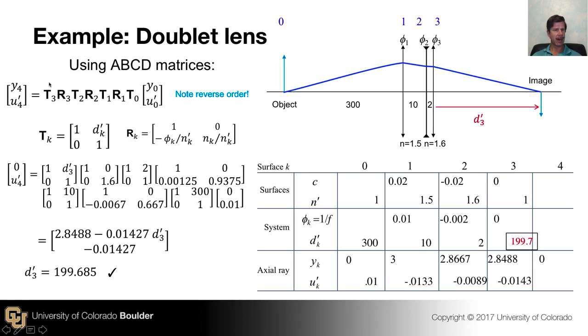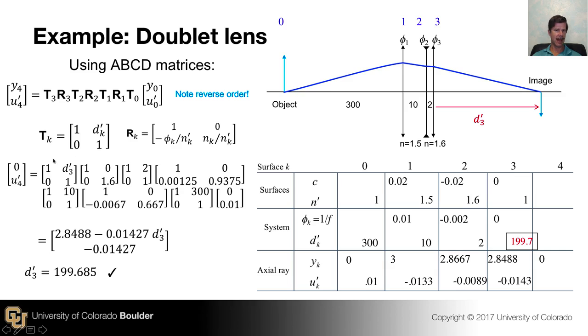Notice that when I get over here finally to the final transfer, I have to leave d3 prime, the image back focal distance, as a symbol because I don't know it, which emphasizes that just like the tabular method, we can use these matrix methods symbolically to derive equations that describe how our system works.